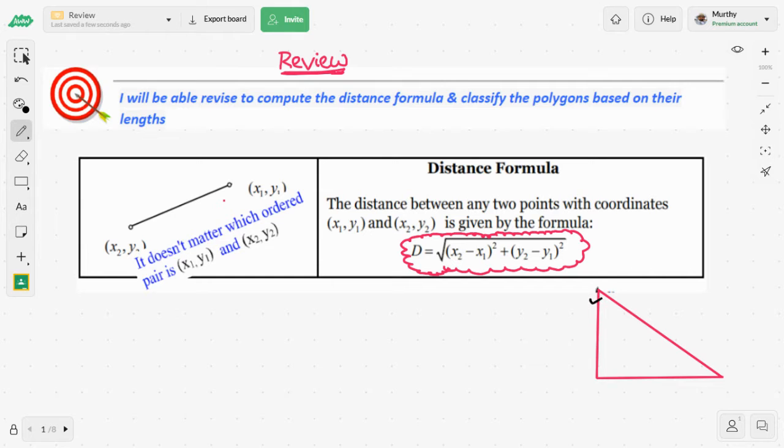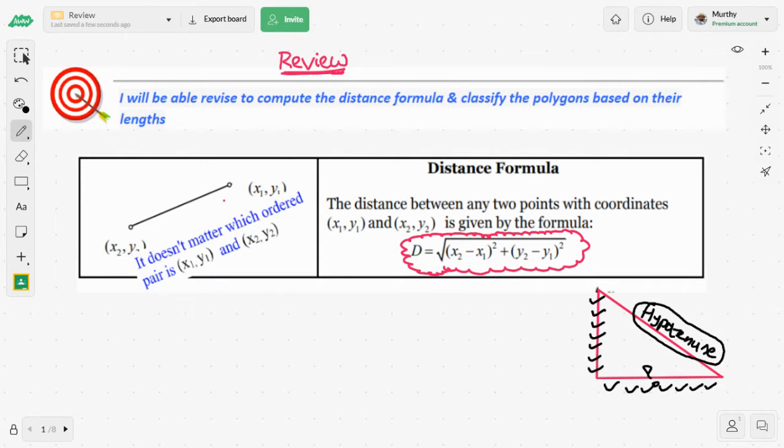You can count the number of blocks on the vertical line, and even on the horizontal line, and we can say what the length is. But the hypotenuse is neither a vertical line nor a horizontal line. So to figure out its length, we use the distance formula. In fact, we derived the distance formula from the Pythagoras theorem.